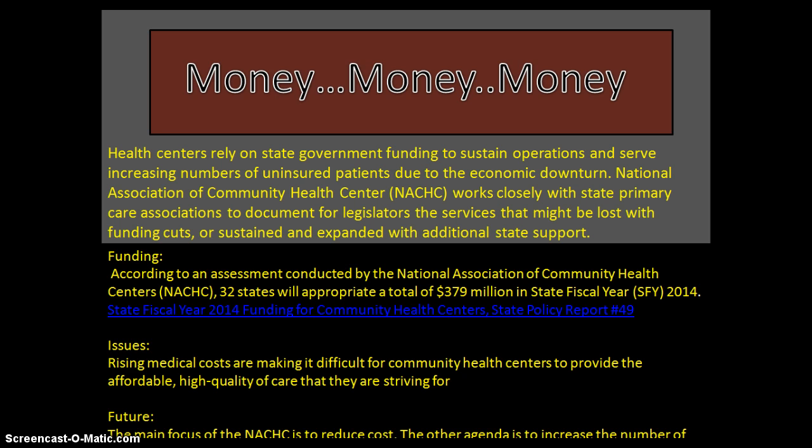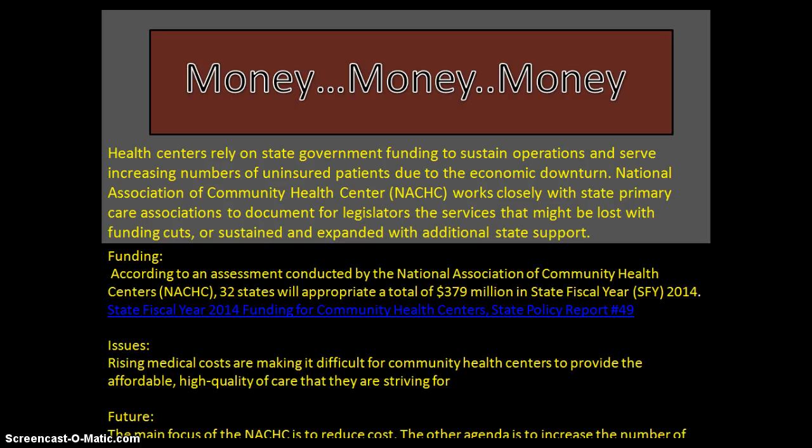The National Association of Community Health Centers works closely with the Primary Care Association to document for legislators the services that might be lost with funding cuts, or sustained and expanded with additional state support. Given that, as you can see here in funding, according to an assessment conducted by the National Association of Community Health Centers, 32 states will appropriate a total of $379 million in the state fiscal year.